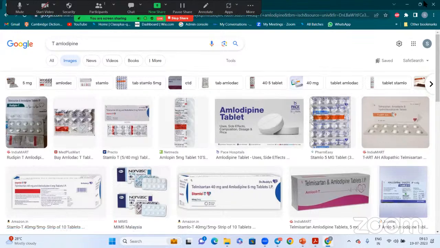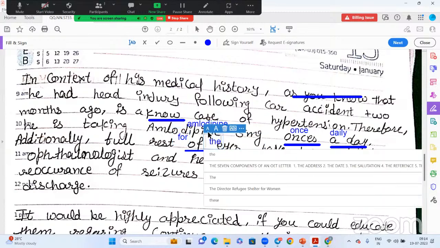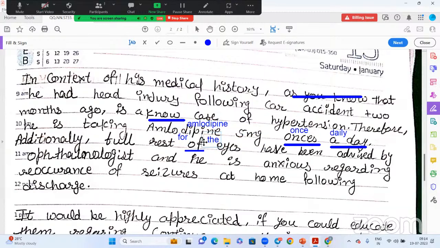Okay, I will not go into that one. Additionally, full rest for eyes. Full rest for the eyes. Body parts, the is compulsory.